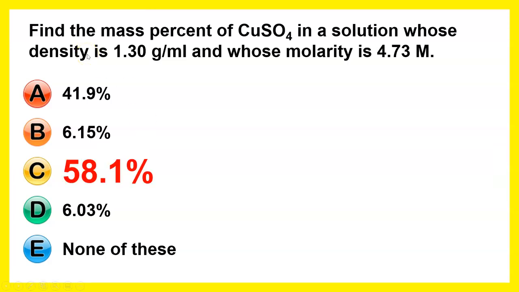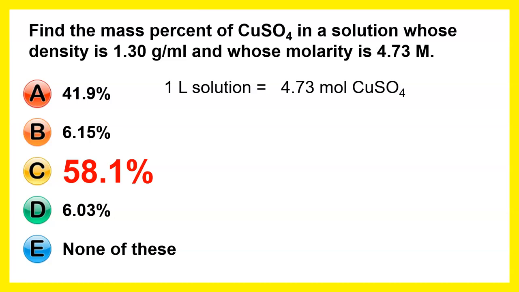All right, how did you do? 58.1%. So when I look at this, I think to myself, okay, 4.73 molar means that 1 liter of solution will contain 4.73 moles. So now I know something about the copper sulfate, which is my solute. I know how many moles there are.